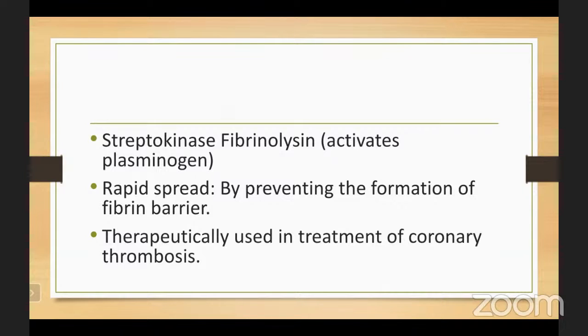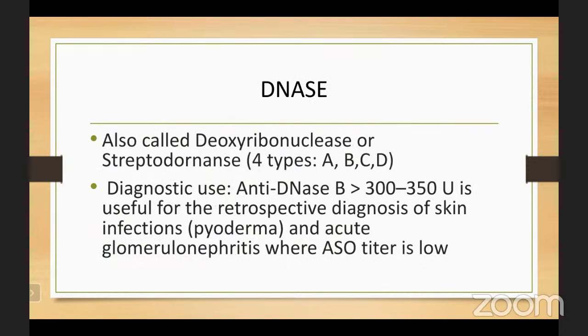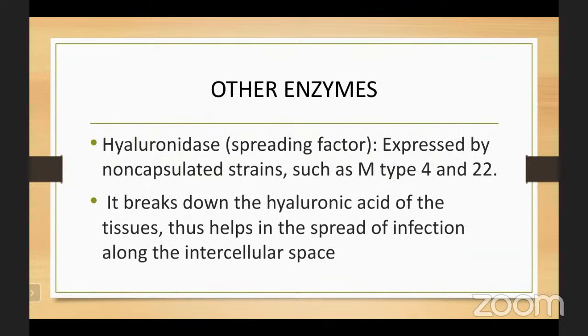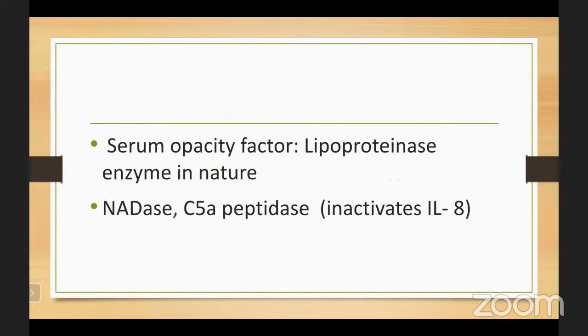Diagnosis of many infections such as pyoderma and acute glomerulonephritis, it is low. Next one is the other enzymes, hyaluronidase. It is a spreading factor. It is expressed by non-capsulated strains such as M type 4 and 22. Hyaluronidase will break down the hyaluronic acid of the tissue and help in the spread of infection along the intercellular space. Next one is the serum opacity factor, a lipoproteinase enzyme in nature, NADase and C5a peptidase.